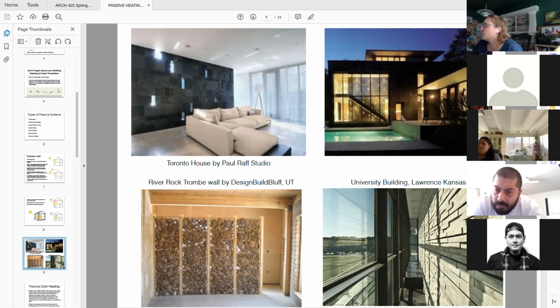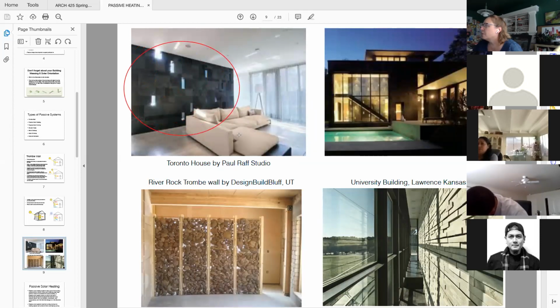The top 2 images go together, where I'm going to get my little drawing pencil. I like the circle. So this stone wall here is the stone wall here.